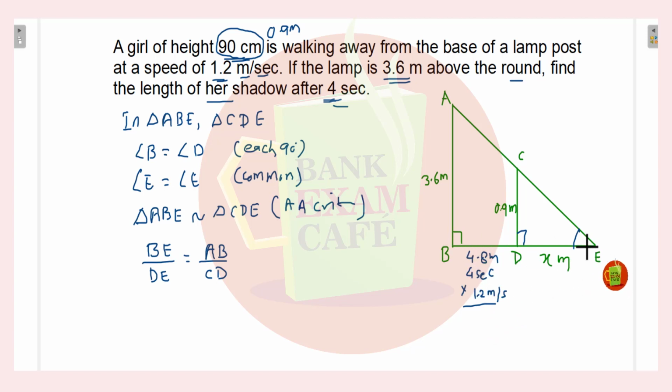So this BE we can write as BD plus DE. This BE, that is BD plus DE upon DE, which is equal to AB upon CD.